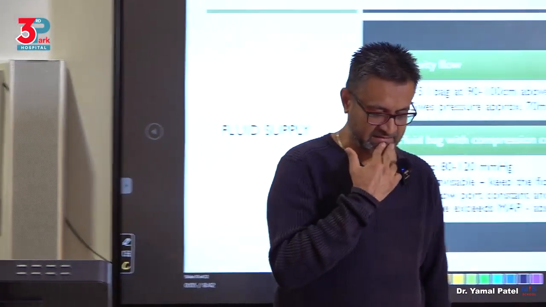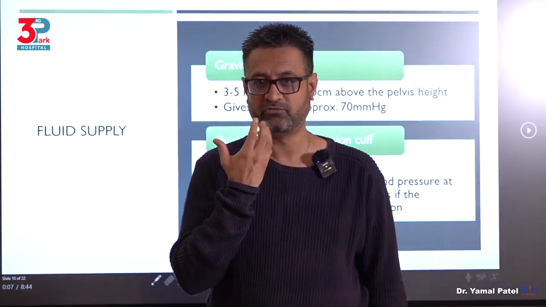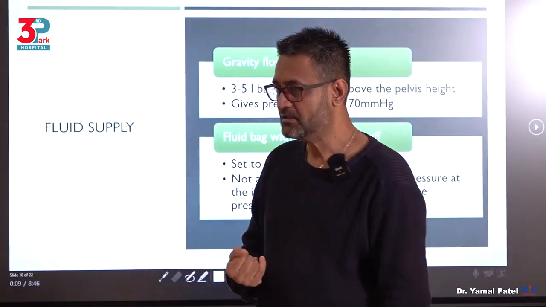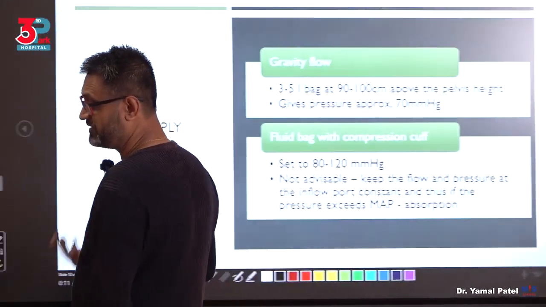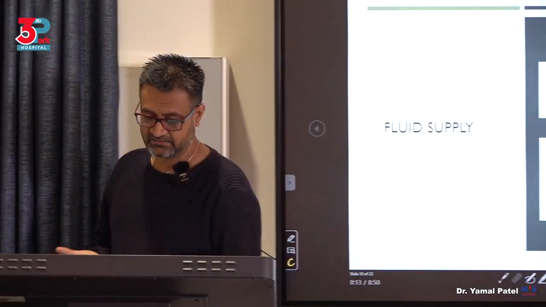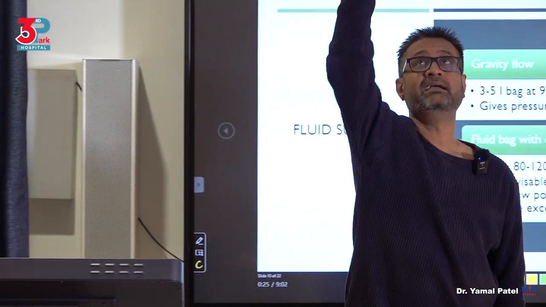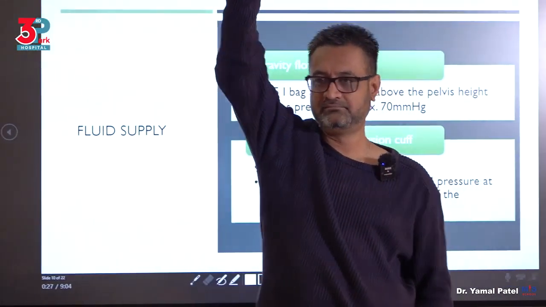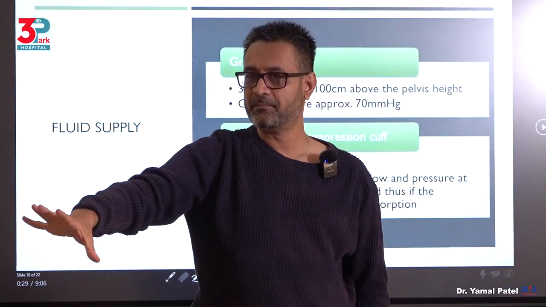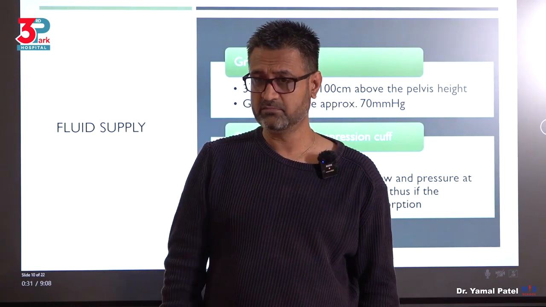So it now means that we are mainly talking about saline, right? So the next discussion, once we have narrowed down to saline, is how do you supply this fluid into the uterus? Okay, so one of the supplies would be by gravity. What does gravity mean? Hang a saline bag up there and let it just flow. Yes, it will work. You understood?